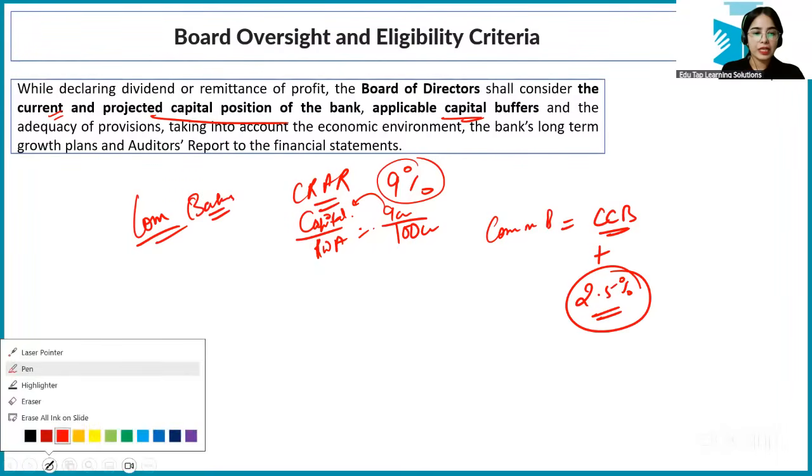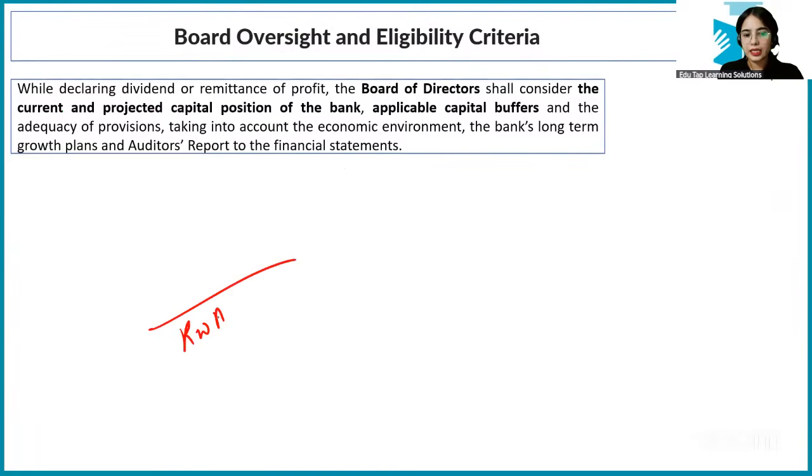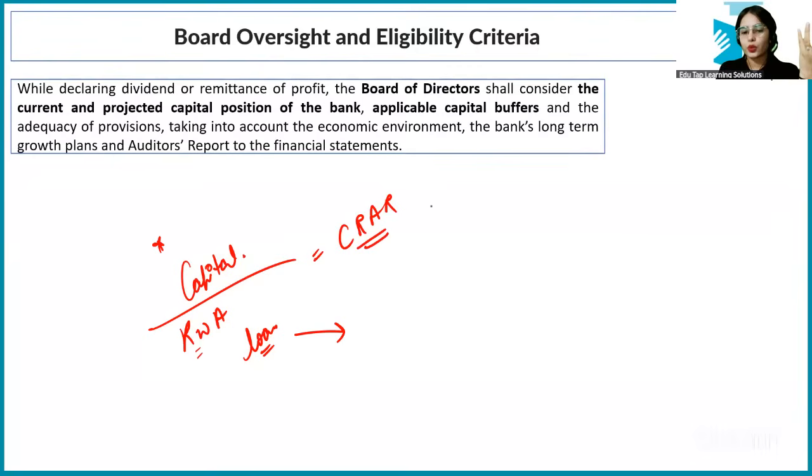So against the loans that the bank is giving that have certain risk weights, the bank has to maintain the capital. That is known as the capital to risk weighted asset ratio. This is 9% for the commercial banks, and the capital conservation buffer, the additional buffer that the bank has to maintain, is 2.5%.